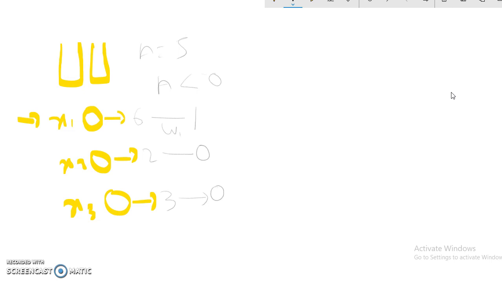So what is the function? As I told you already, the function is x1 w1 plus x2 w2 plus x3 w3, and we put in the values. x1 here is 6 and the weight is 1, plus x2 is going to be negligible.